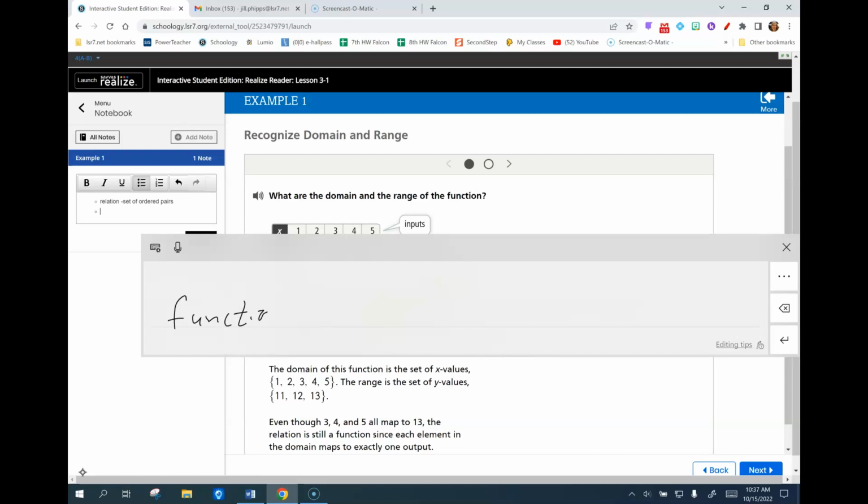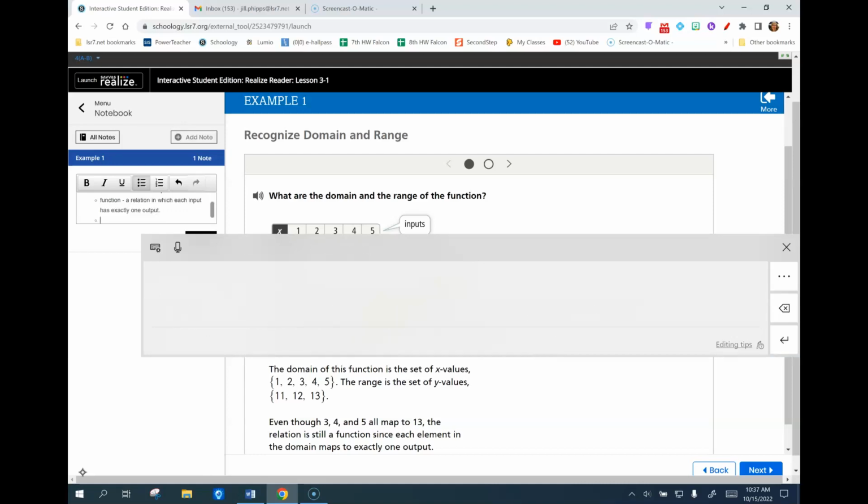So if you are somebody who likes to put everything in one place, a function is a relation in which each input has exactly one output.